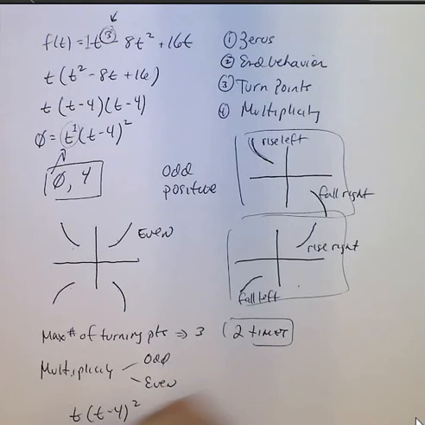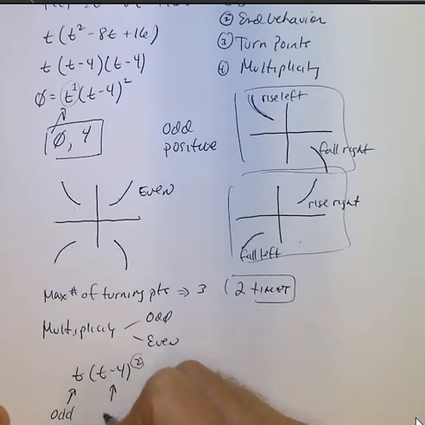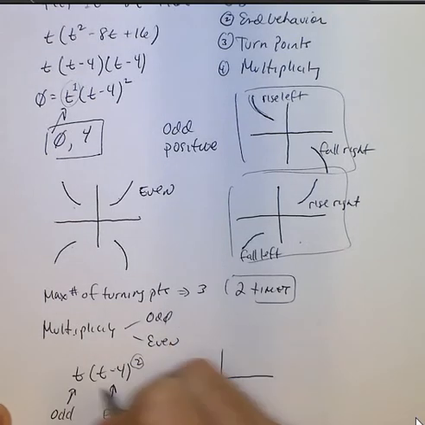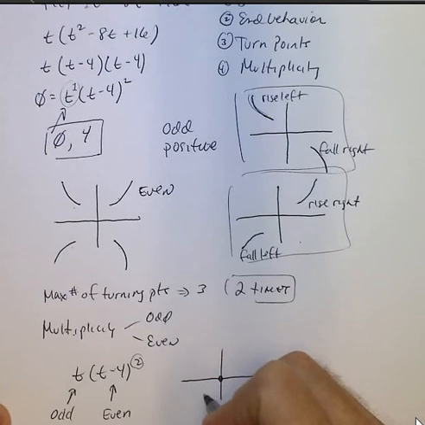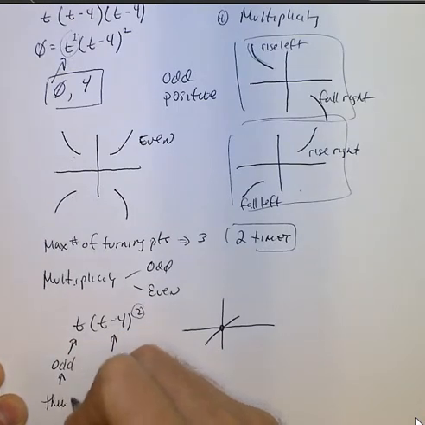The multiplicity here is odd because it's 1. The multiplicity here is even because the exponent on t minus 4 is 2. When we have odd multiplicity at a zero, it means that the function is going through the x-axis. Odd means through the x-axis.